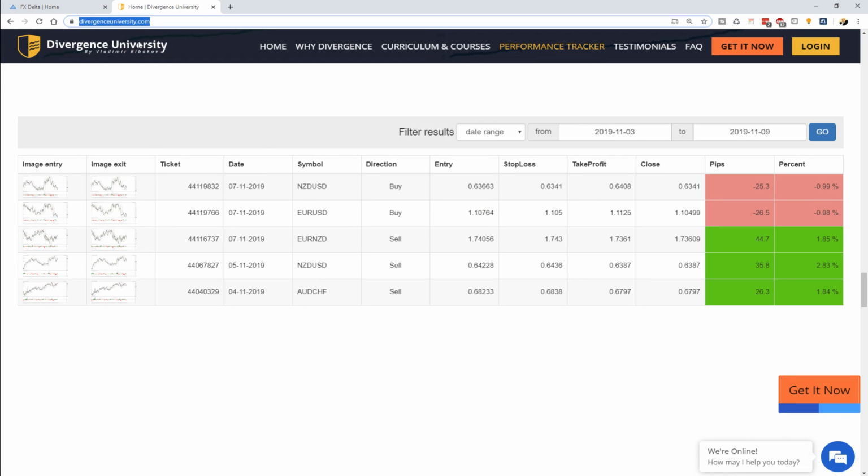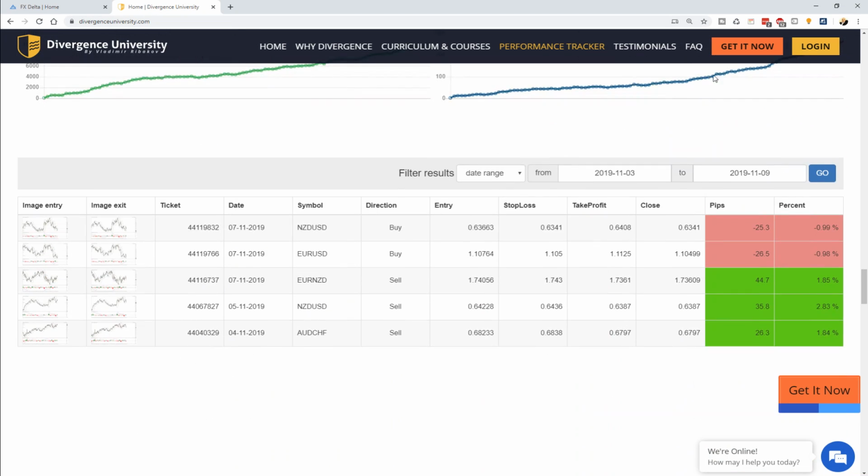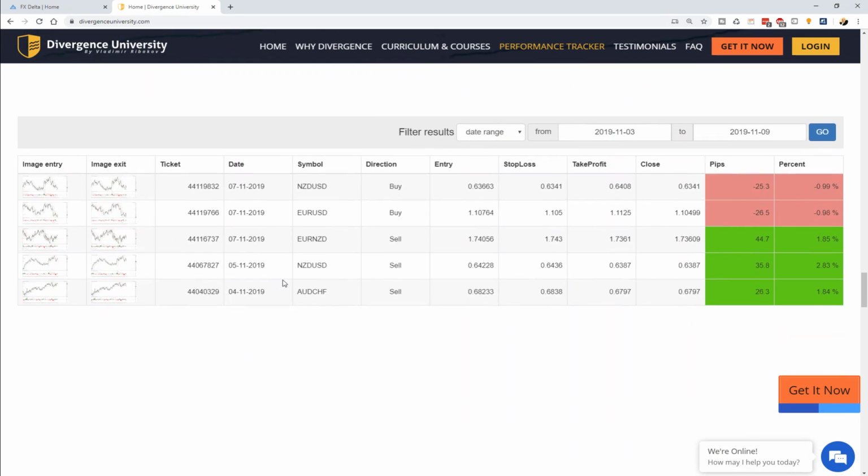Now, as you can see, I'm here at the divergenceuniversity.com website, and if you click the performance tracker, you will be brought to a place on this page where you can filter the results. Basically, on top you have the pips and the graphics, etc. But the important part for us and the more interesting part is right below it.